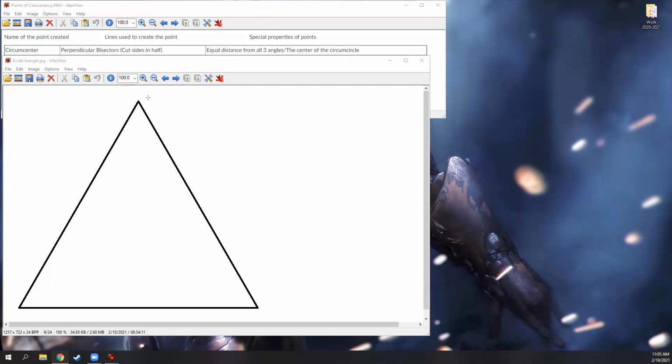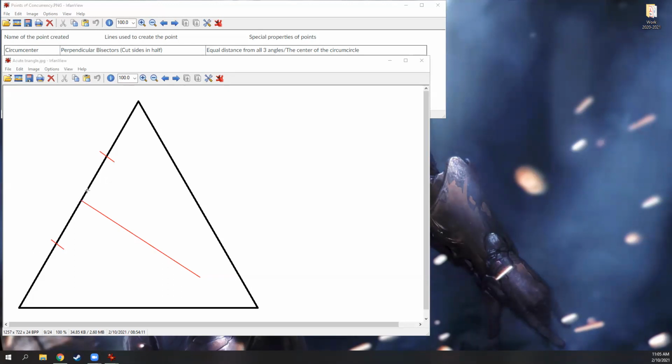So if we take this triangle right here, this acute triangle, and we cut it in half, and this isn't going to be exactly precise. I'm over here using my fingers on my screen right now to estimate the midpoints, but it's fine. We're going to draw a line coming out of the triangle. And I'm going to say that this side equals this. Now these notches mean that from this point to here is equal to from here to this point.